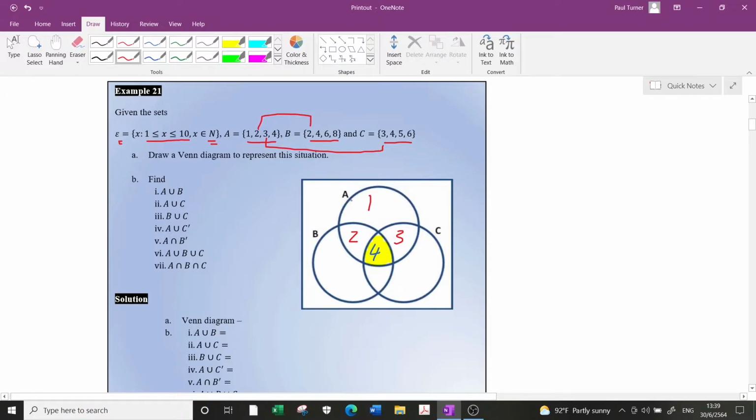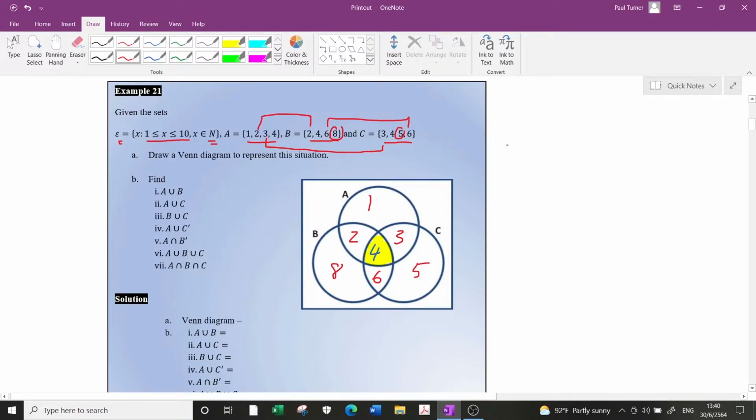Element 4 is in all three sets. Element 6 is in B and C, so that must go here. Element 8 is in B only, write 8 there. Element 5 is in C only, so write 5 there.